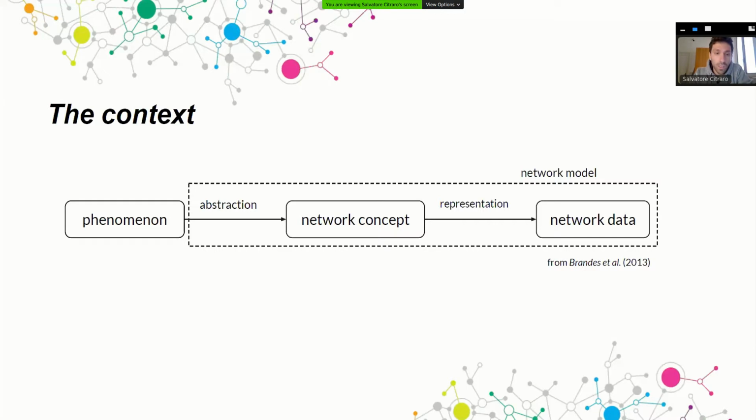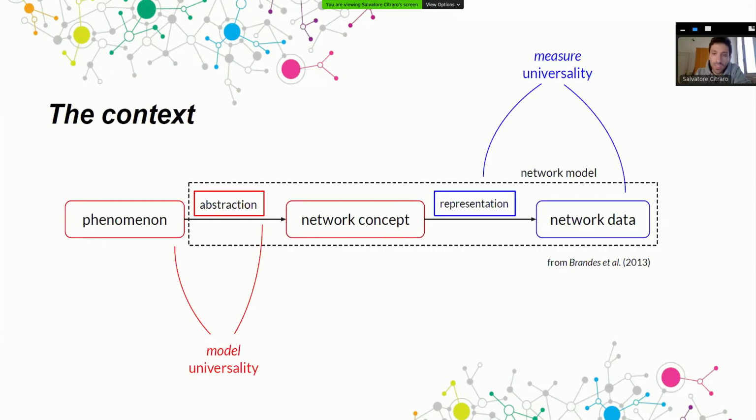So when we deal with complex network tasks, we conceptualize in our mind something like that, because basically we avoid any domain-specific or context-specific information about a real-world phenomenon in order to abstract, represent, and measure universal principles from complex systems, such as the well-known scale-free distribution and so on.